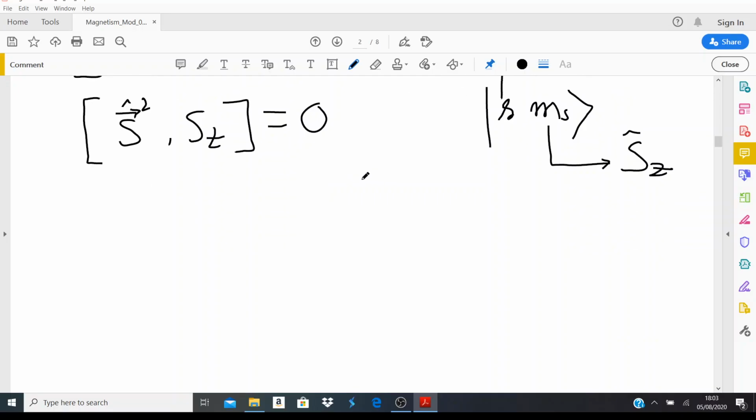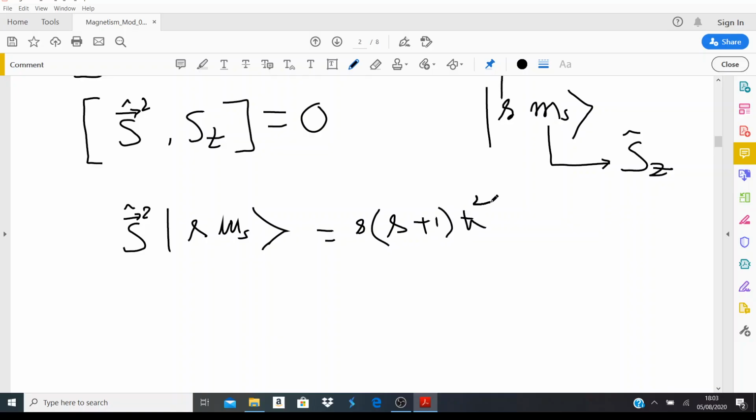Now we need to know how this operator operates on this eigenstate, right? Sorry, that should be an S square. This is nothing but small s, s plus 1, h bar square times the same state, because that's an eigenstate, right? And that's the eigenvalue. So this |S, Ms> state is an eigenstate of the S square operator with the eigenvalue s(s+1) h bar square.